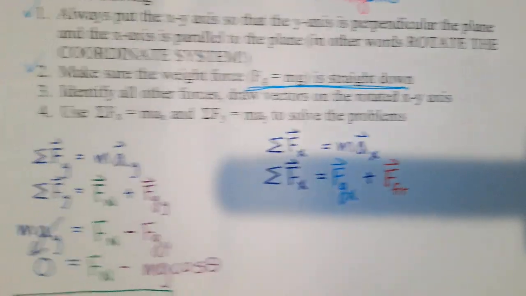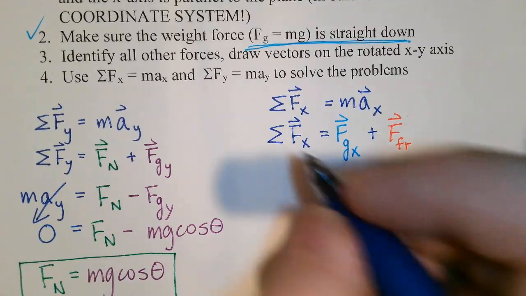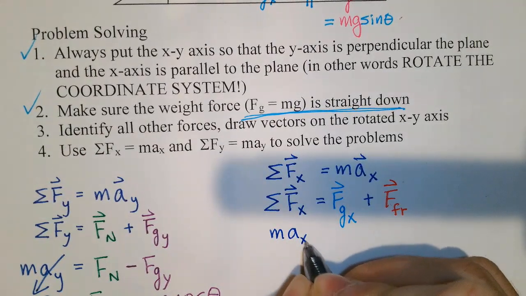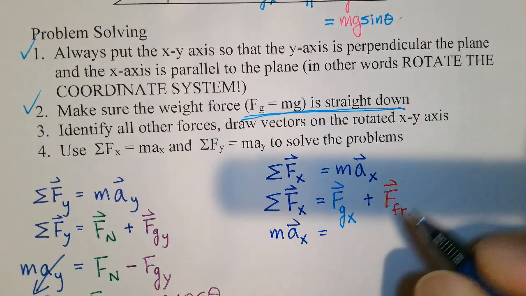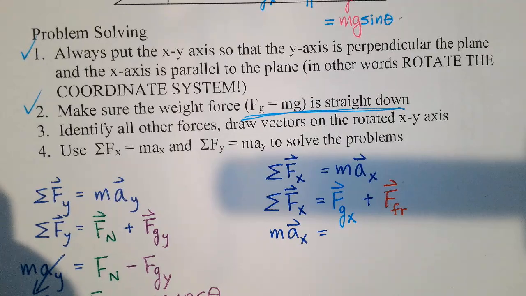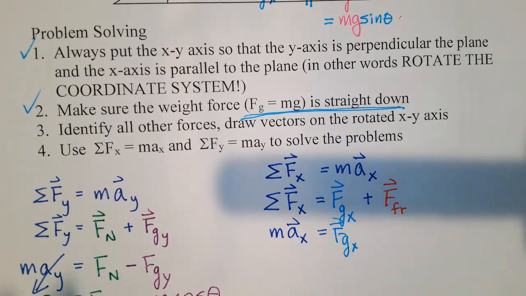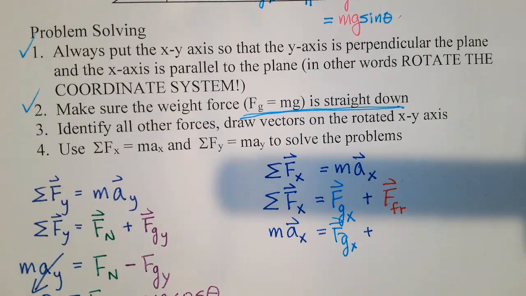Now, I shall set these equal to each other, then I have MAX is equal to FGX plus friction.